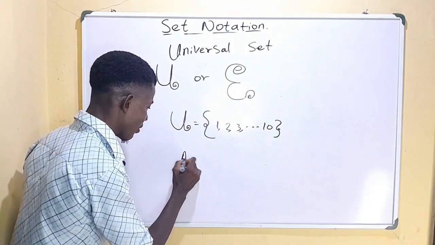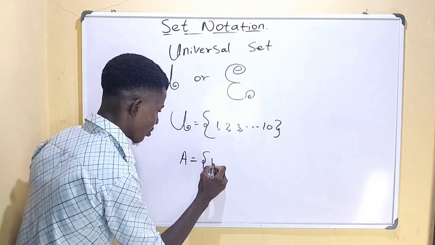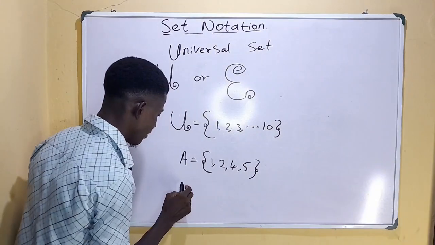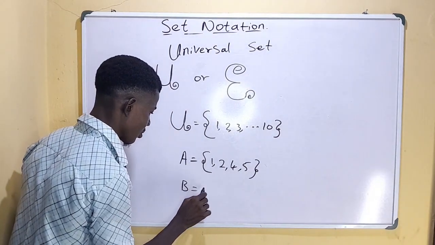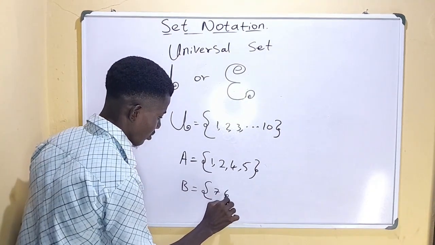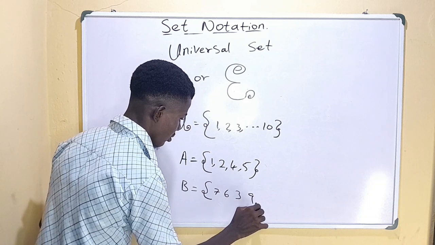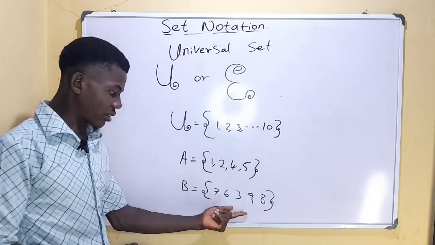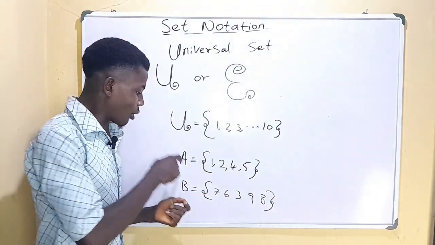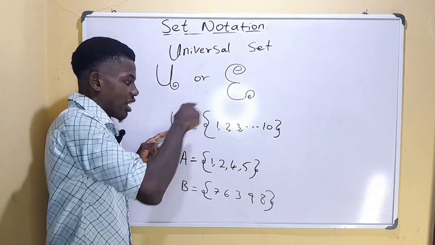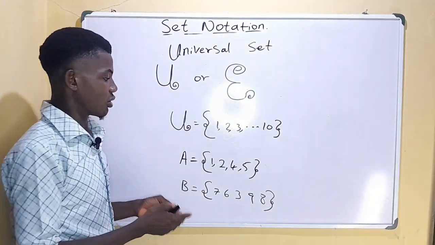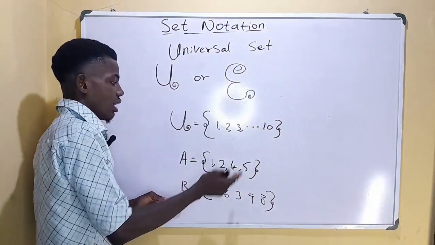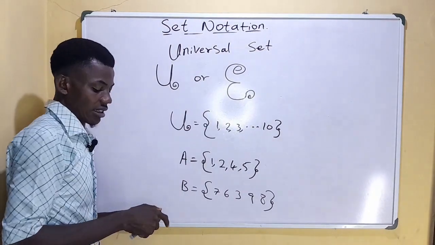We can have set A. We have set B. Now, this is a set on its own. This is a set on its own. But this universal set covers the two. So all these sets are inside the universal set.